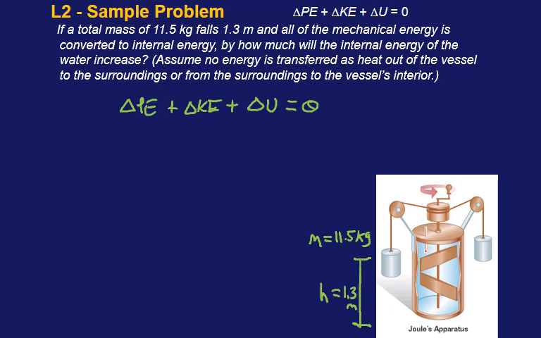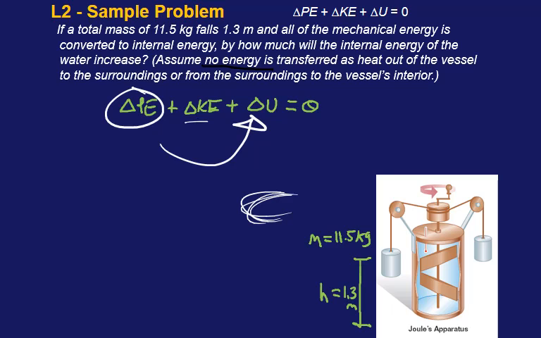Well, in fact, if it's perfectly insulated, right? So what ends up happening is no energy is transferred out as heat, and so therefore all this potential energy should turn into internal energy. Now the paddles are going to be spinning, and that's kinetic, but all that kinetic energy is going to turn into internal.